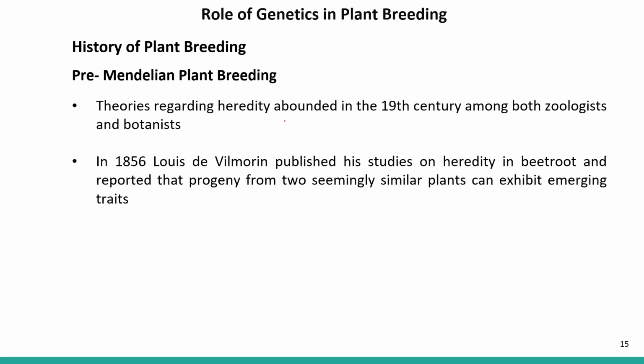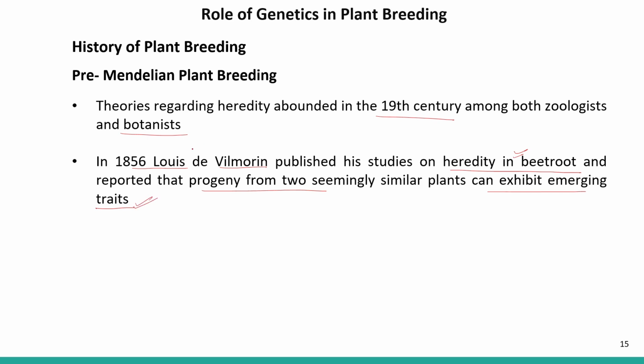Theories regarding heredity abounded in the 19th century among both zoologists and botanists. In 1856, Louis de Vilmorin published his studies on heredity in beetroot and reported that progeny from two seemingly similar plants can exhibit emerging traits.